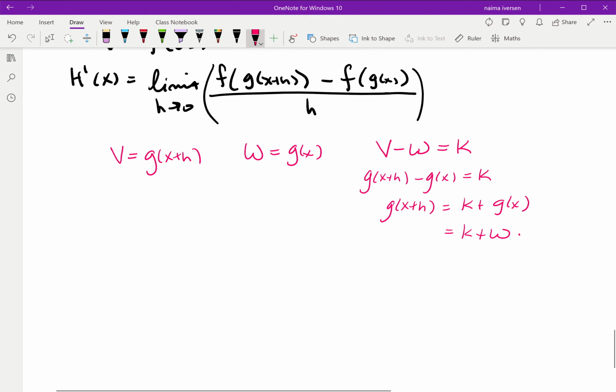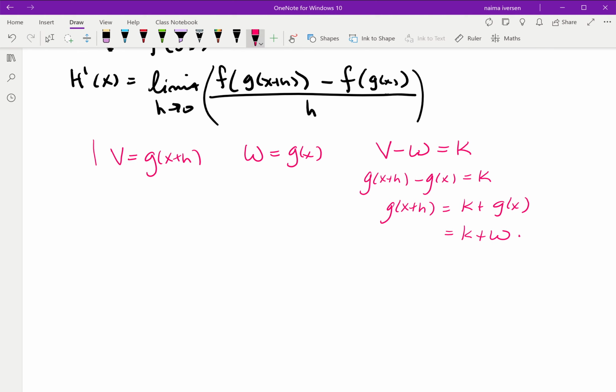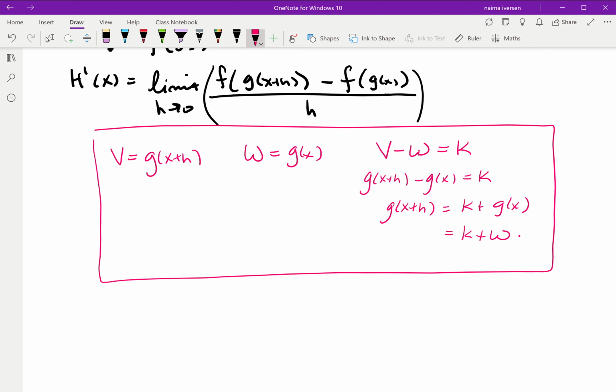I'm just playing around with some dummy variables for right now, and we're going to refer back to this as I go through the question. In addition to this, one more thing. As little h goes to 0, think of little h going to 0 right here. Okay, so we want to think about this thing.